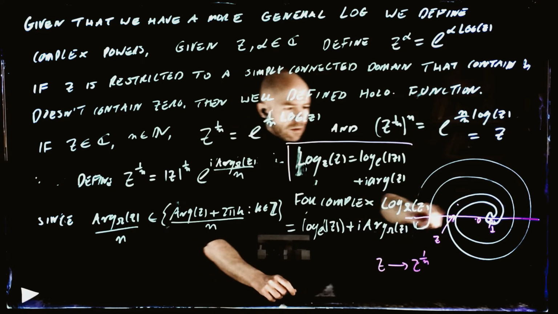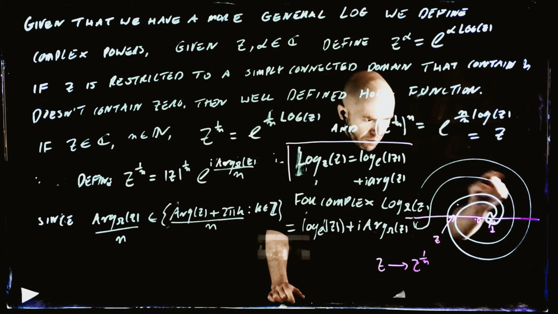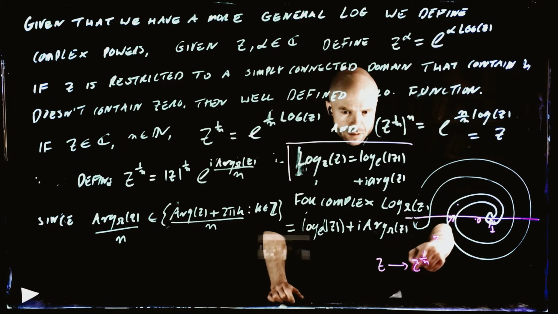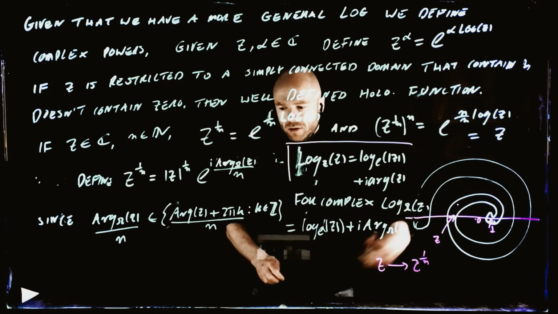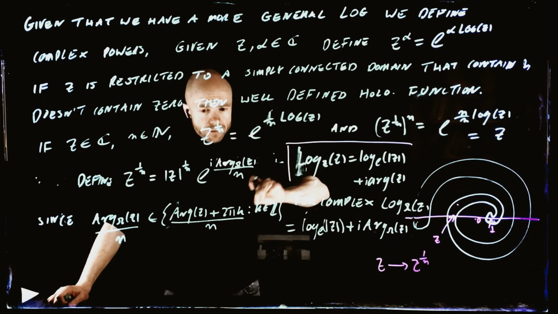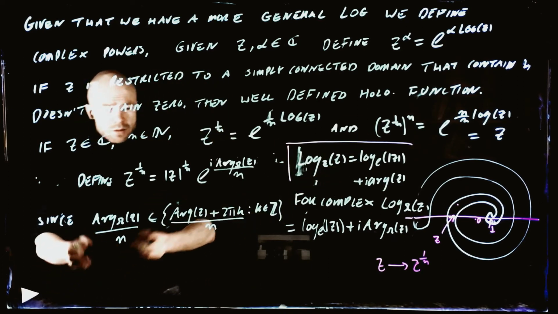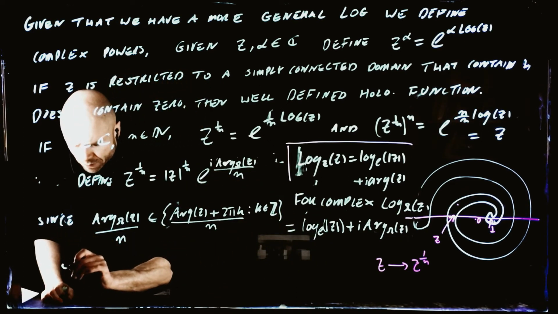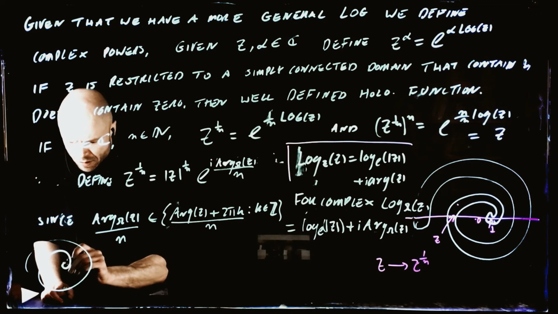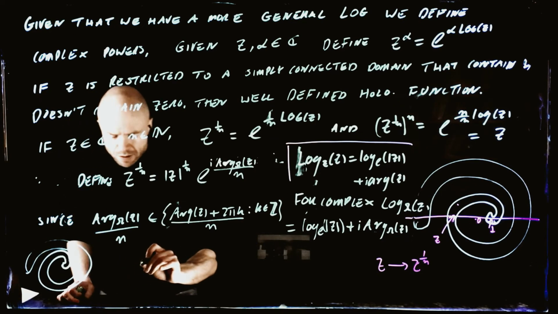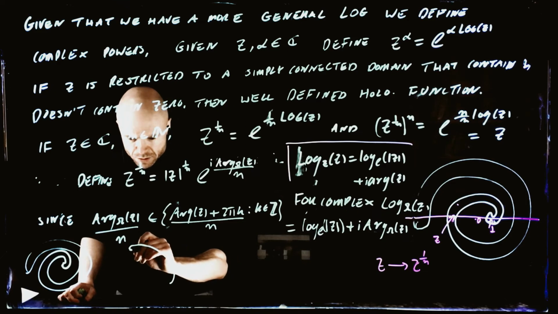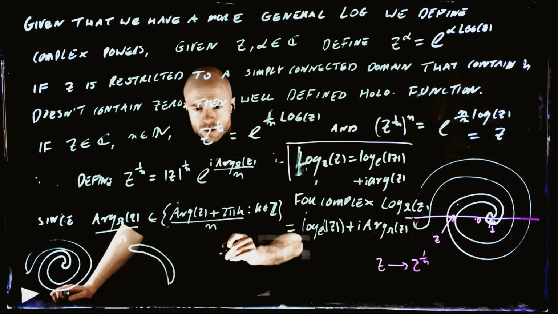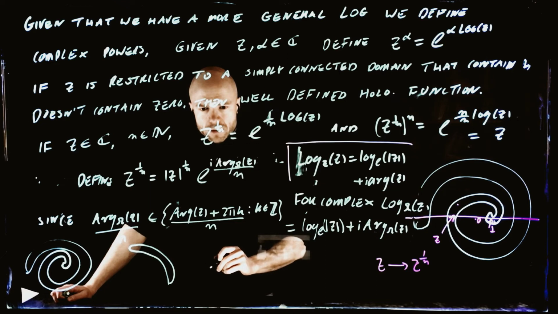How many times are we spiraling around? Like 1.5 times. So assuming n is bigger than 2, the action of this nth root of the complex number takes this spiral and unwraps it into some kind of shape like this. See what I mean?